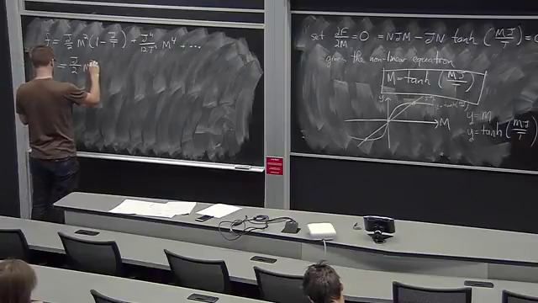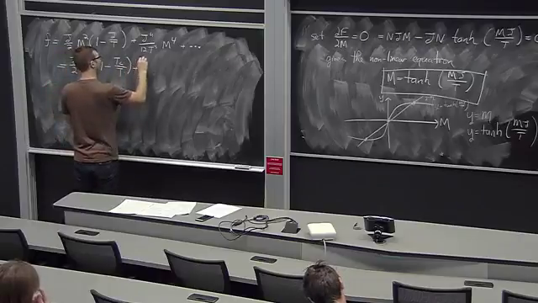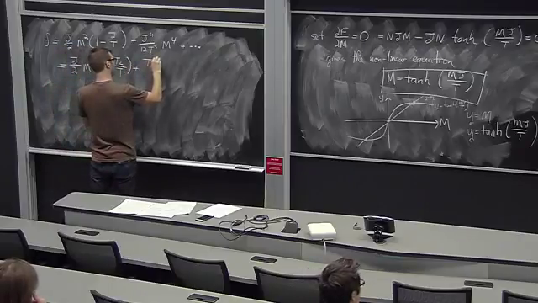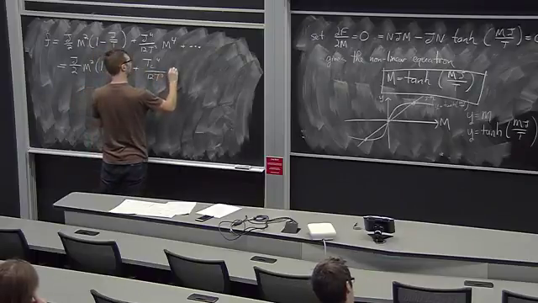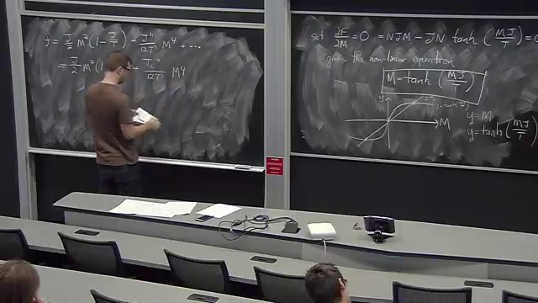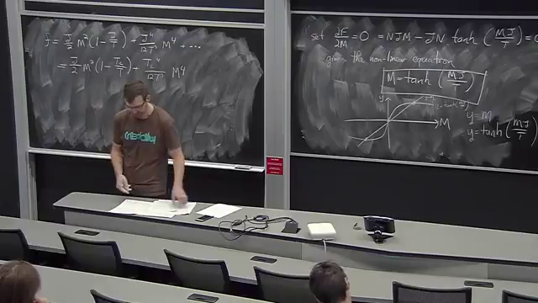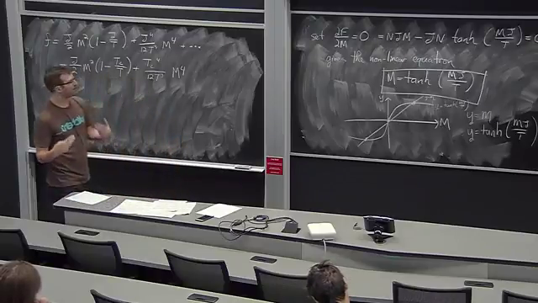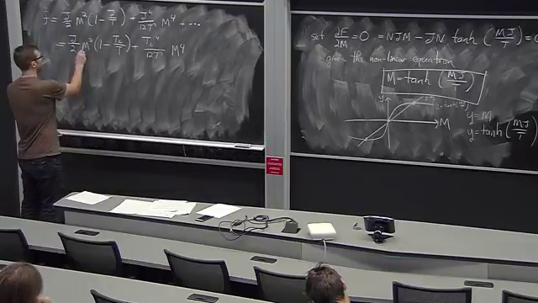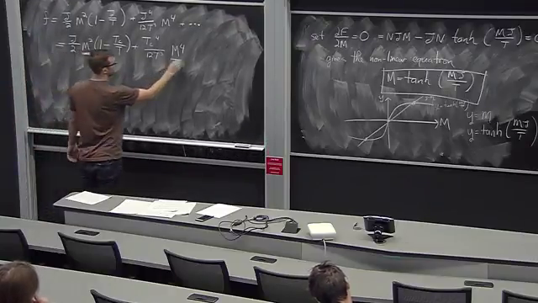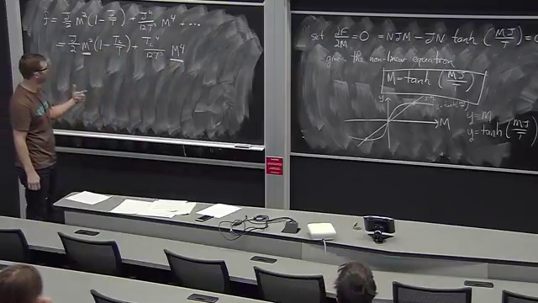So I have a free energy density that's a function of m, and its functional dependence is m squared and m fourth.